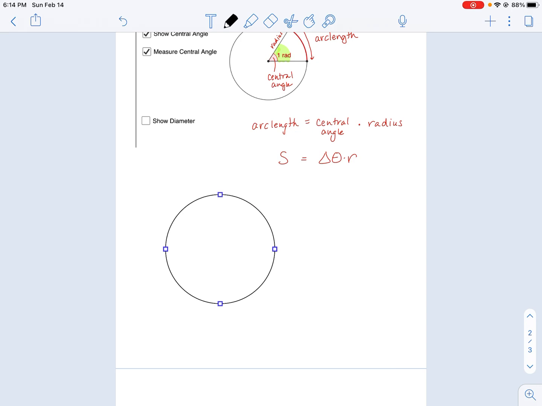Let's suppose that I've got a circle and the radius of the circle is 4 and the central angle is pi over 2. Pi over 2 is equal to 90 degrees. Remember from my picture before that 180 degrees would be halfway around the circle. That would be equal to pi radians, and 360 degrees all the way around the circle would be equal to 2 pi radians.